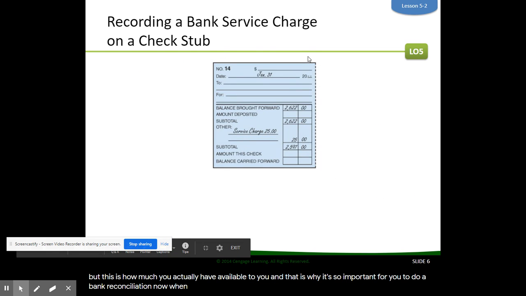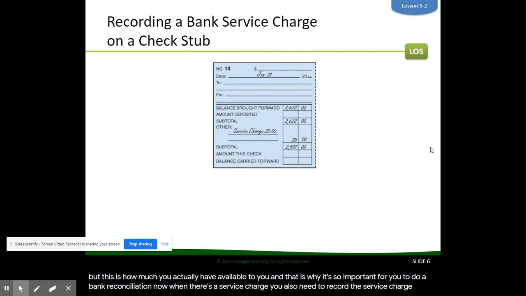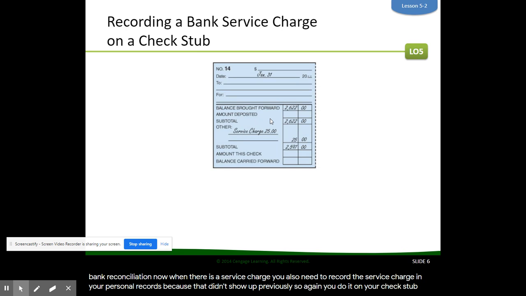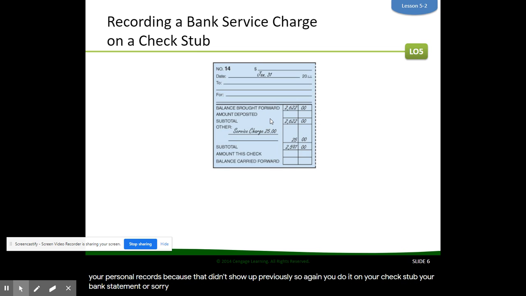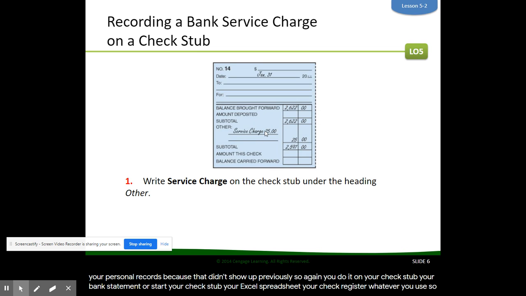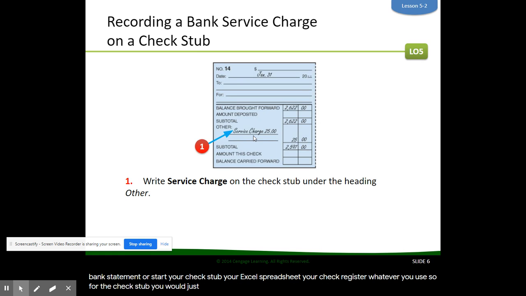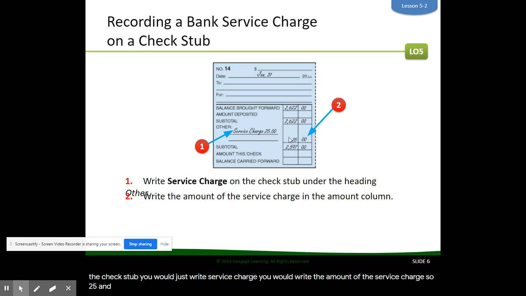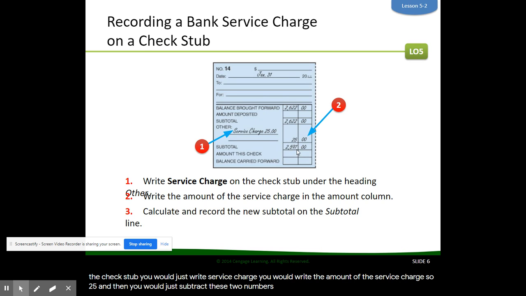Now, when there's a service charge, you also need to record the service charge in your personal records because that didn't show up previously. So again, you do it on your check stub, your Excel spreadsheet, your check register, whatever you use. So for the check stub, you would just write service charge. You would write the amount of the service charge, so 25, and then you would just subtract these two numbers to give you the subtotal.